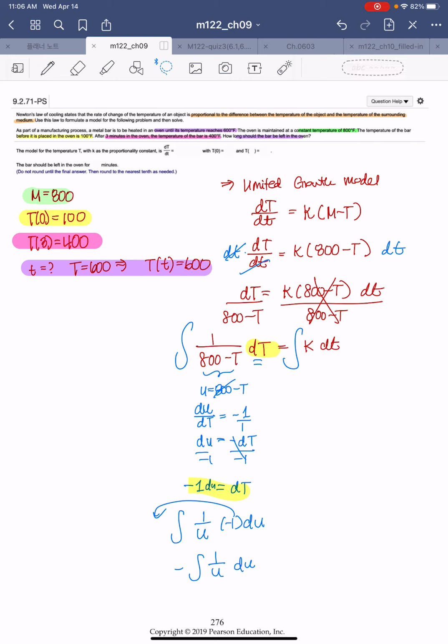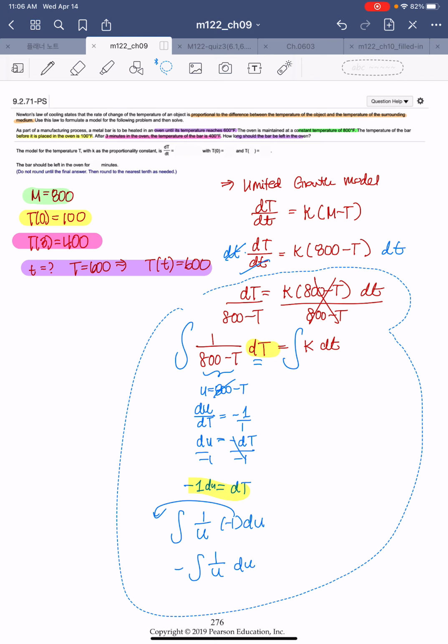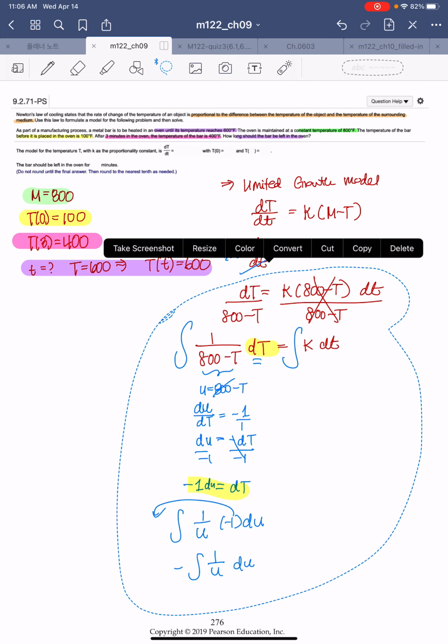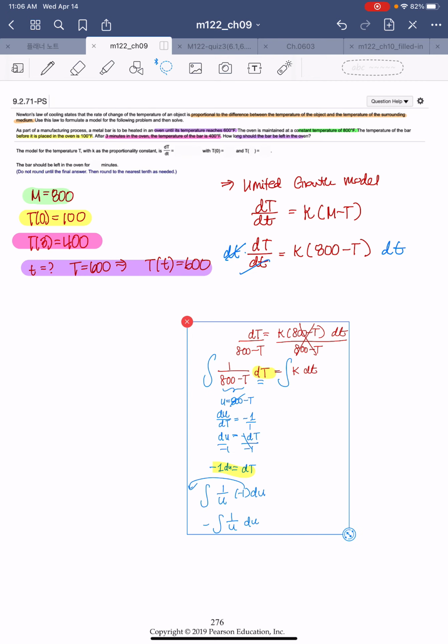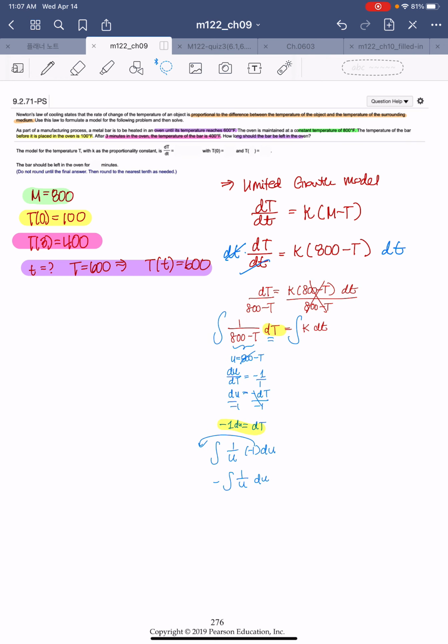So this will be a ln, so negative ln u plus c, don't forget plus c. Back substitute u, that was 800 minus T, so negative ln 800 minus T plus c. On the right-hand side, that's easy, that's a constant, so it's k times the variable t plus c.